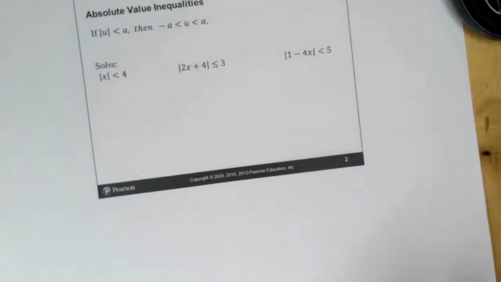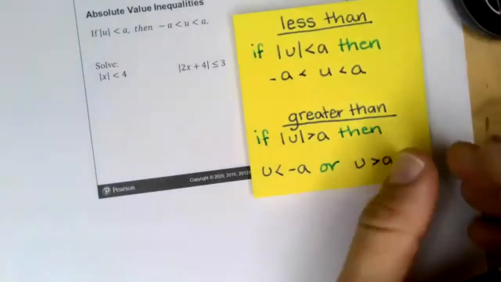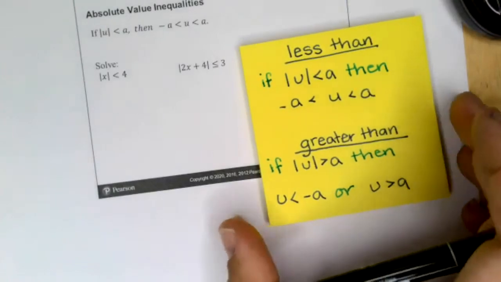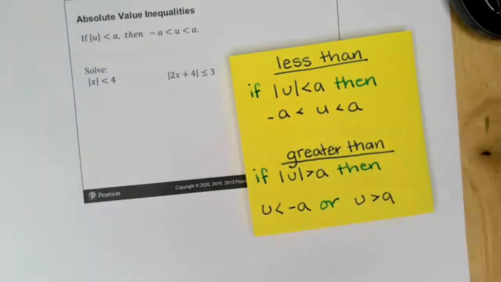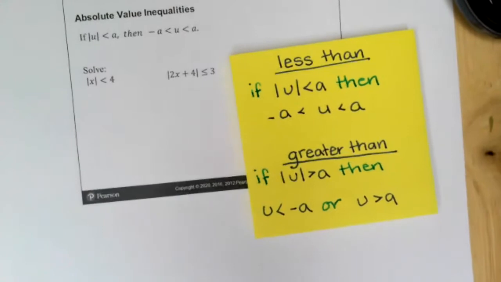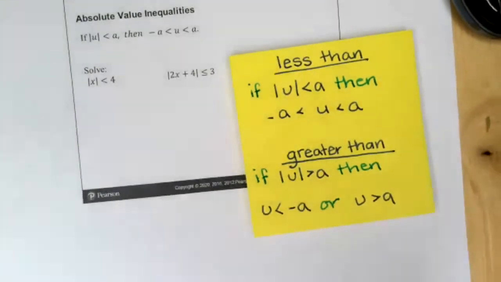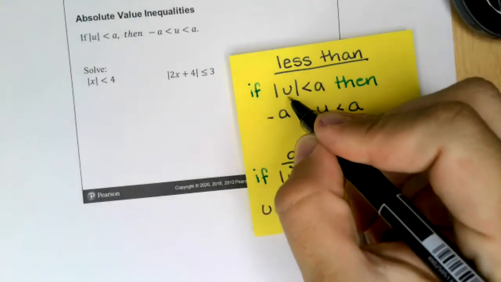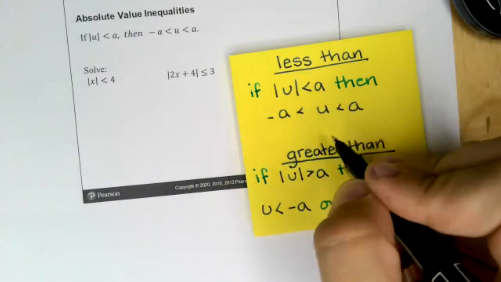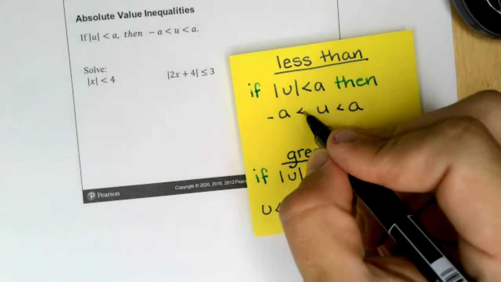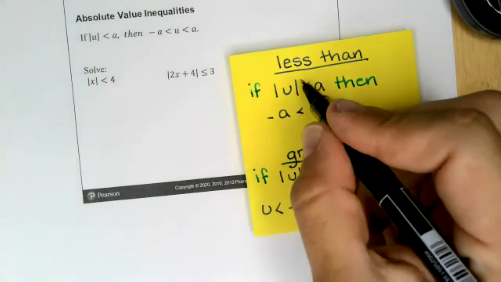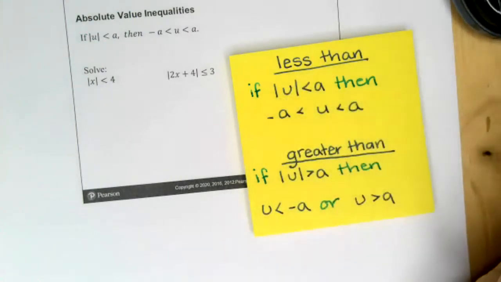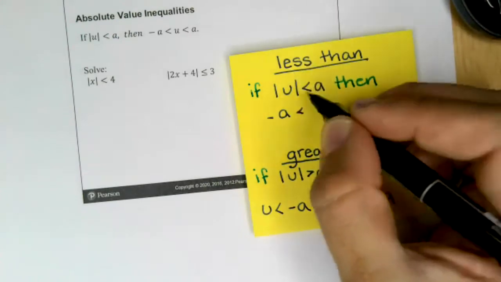So the rule is, and I wrote it here because I would put it on my note card. The rule for less than for an absolute value is, if the absolute value is less than a, then we rewrite it as -a is less than it, no absolute value bars, which is less than the original a.